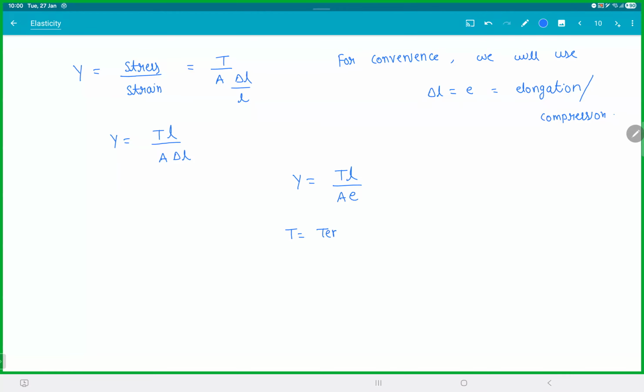T is the tension. You can copy down this formula. A is the area of cross section. E is the elongation.